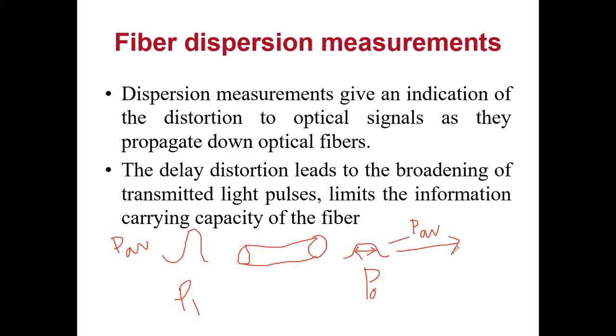So this dispersion limits the information carrying capacity of the fiber, and we cannot let it happen. Whenever the fiber is manufactured in the lab itself, they need to check for attenuation. They need to check for dispersion before they release the batch of fiber into the market. So this was something about dispersion.